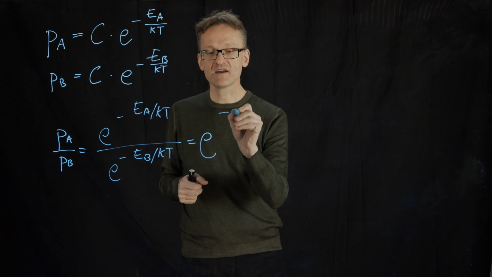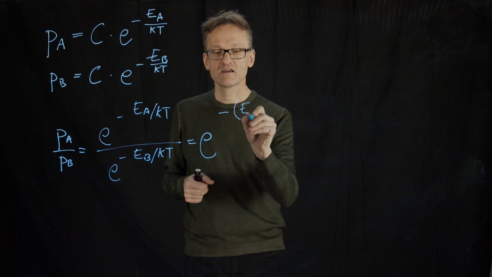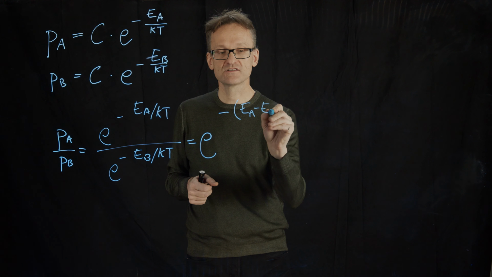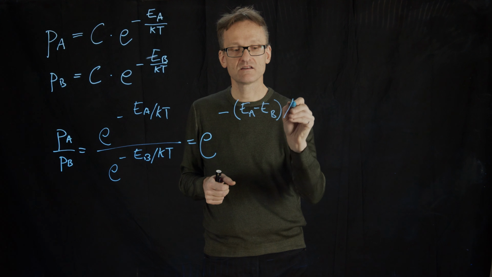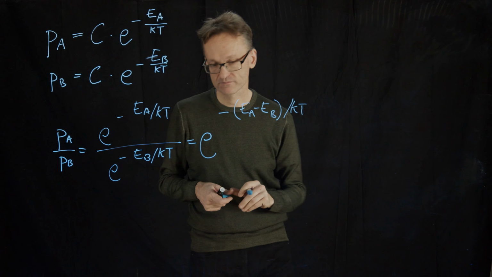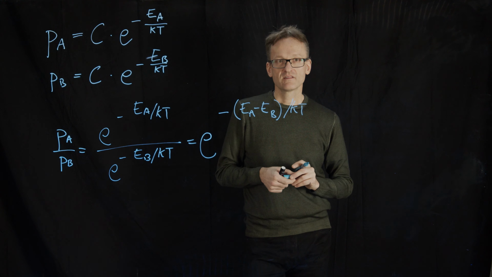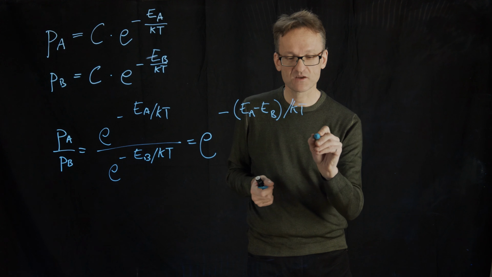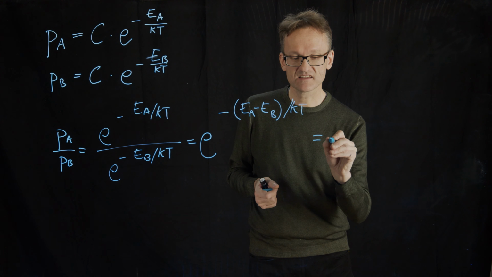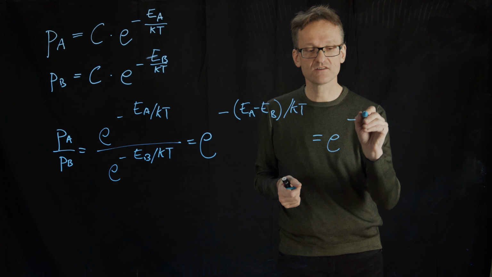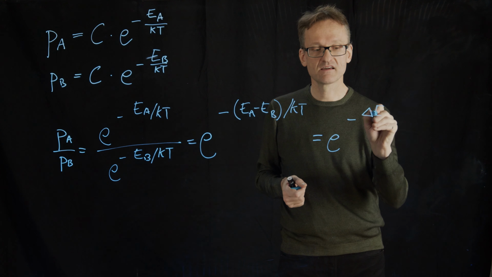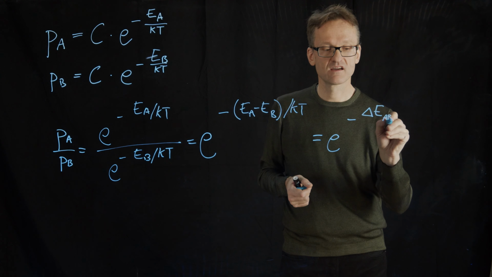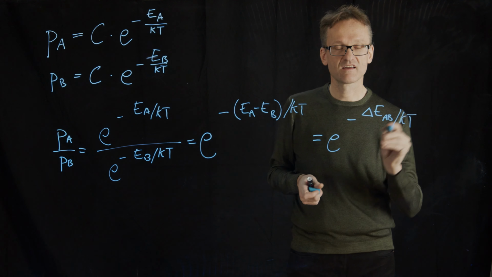I will raise e to minus (E_A minus E_B) divided by kT. That still has these E's, but now I'll take the final step. I can write that as simply the exponential raised to minus delta E_AB divided by kT.